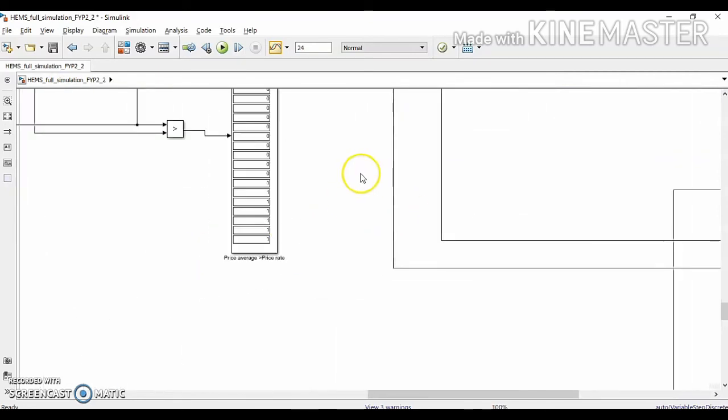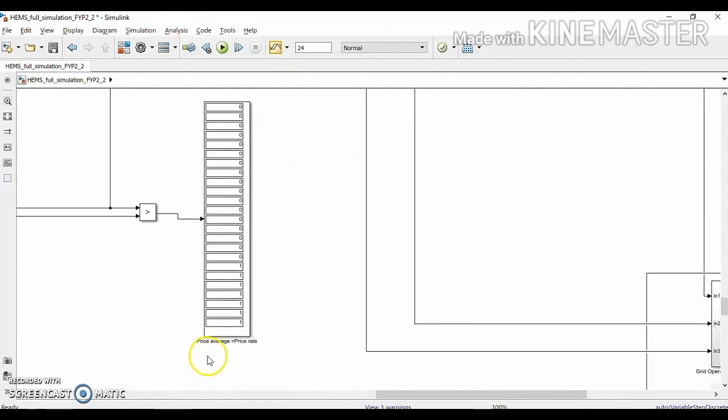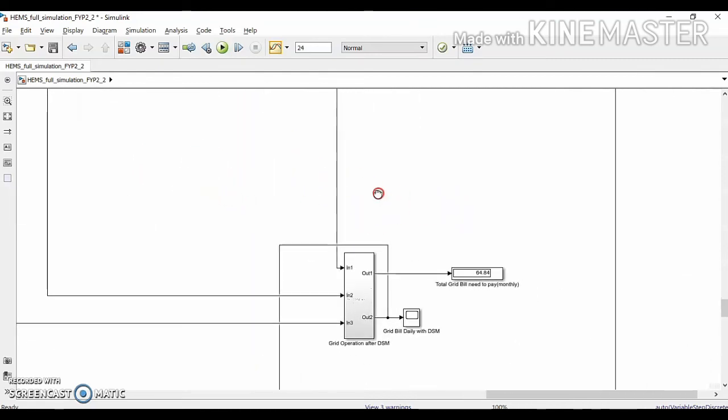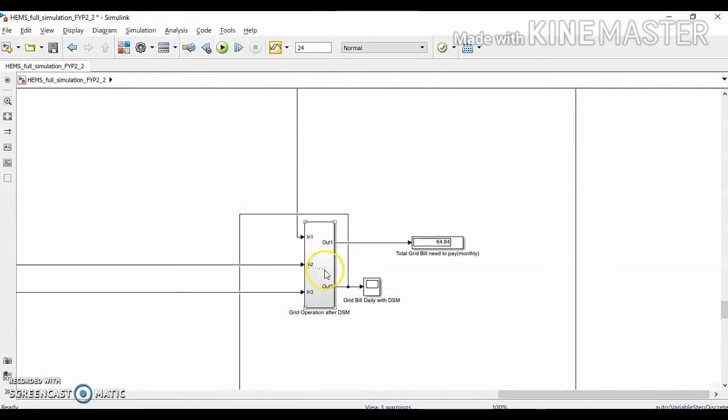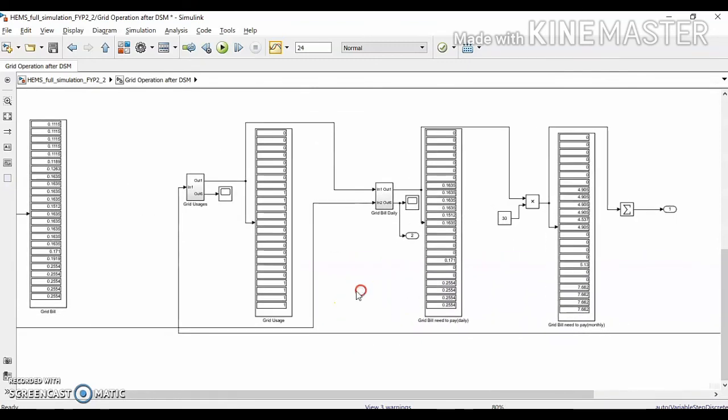Okay, this is the price. We need to determine the price: is the price average higher than the price rate? If yes, we will put 1. If no, we will put 0. So for the grid operations after the DSM, we have the grid usage.